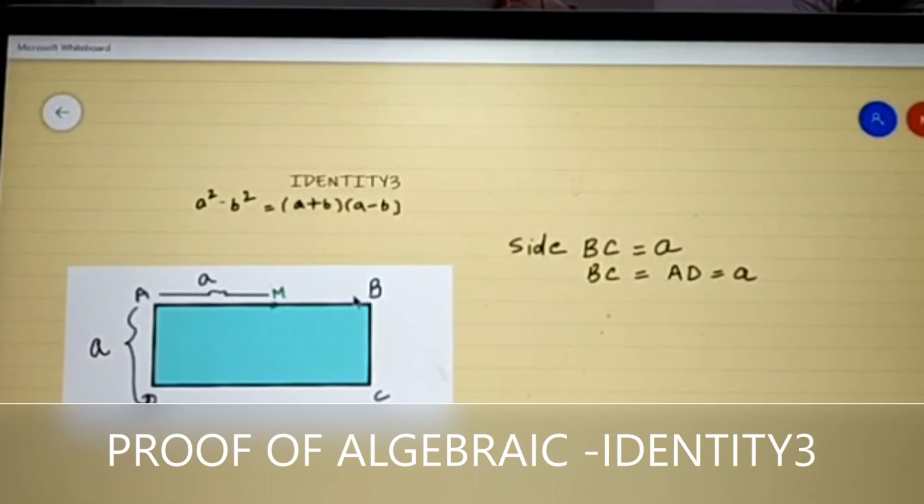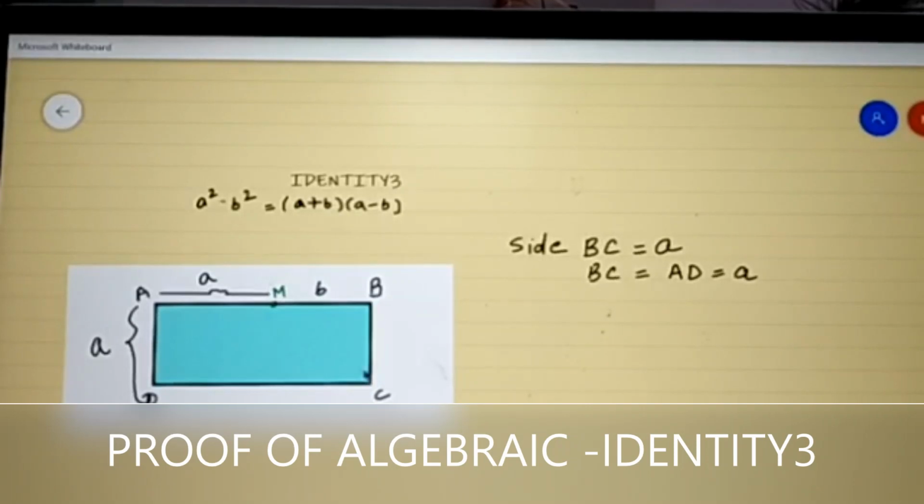So the remaining part MB can be b, and we can measure this MB and denote this part as b. So the length of AB is a plus b here. We have to take out from BC a length equal to this length b.